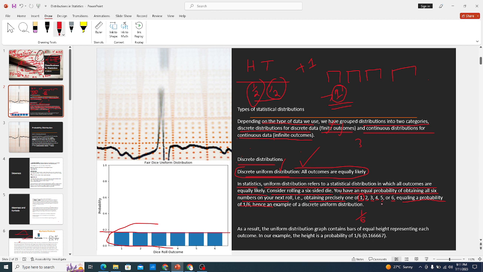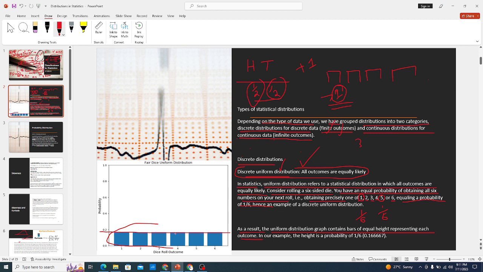The probability of also getting the five-dot side is also 1 over 6. As a result, the uniform distribution graph contains bars of equal height representing each outcome, like in this example.